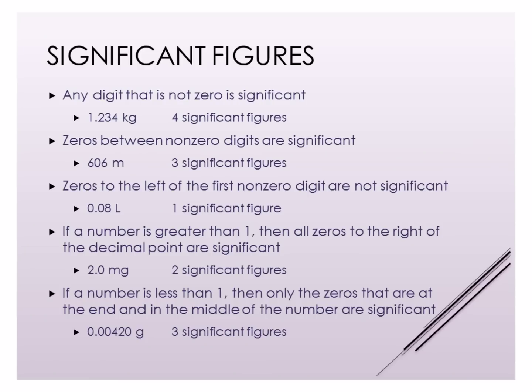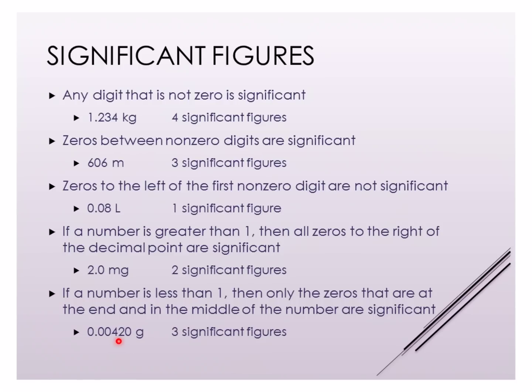Now we're going to look at numbers less than 1. So we have a couple of different positions we have to worry about here for zeros. The first that we look at are these zeros to the left of this first non-zero digit. Now we looked at these before and we said that these were insignificant, so they're not significant figures because they are merely placeholder zeros. They're making sure all the other digits are in the right place.